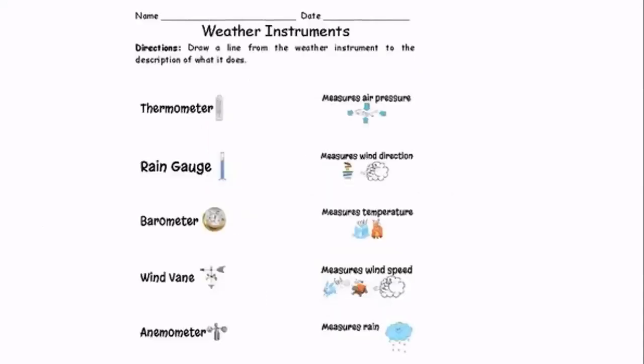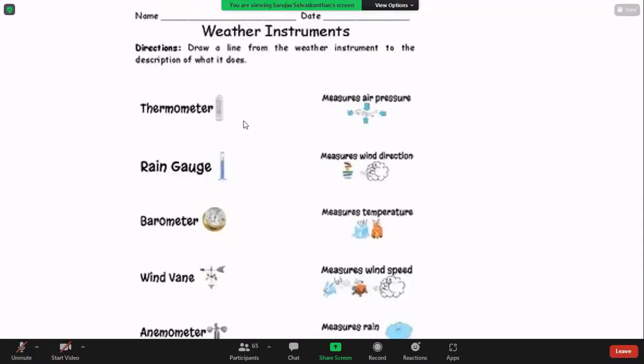Then, in this question, you need to know what the function is. Thermometer is used to measure the temperature. The rain gauge is used to measure the rainfall. The barometer is used to measure the pressure.